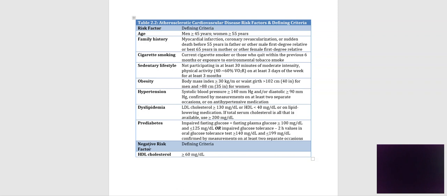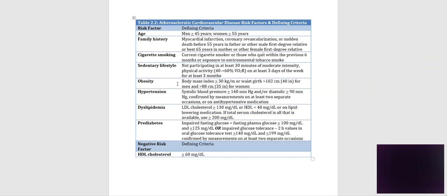One important thing to note is a negative risk factor for cardiovascular disease is your HDL cholesterol. So let's say you have a patient with 3 positive risk factors: they're greater than 45 years old, their waist circumference is greater than 40 inches, and they are considered hypertensive. Those are 3 risk factors you add together.